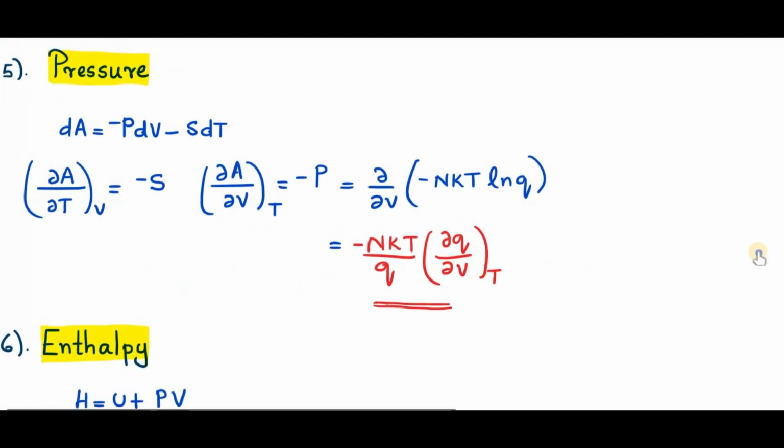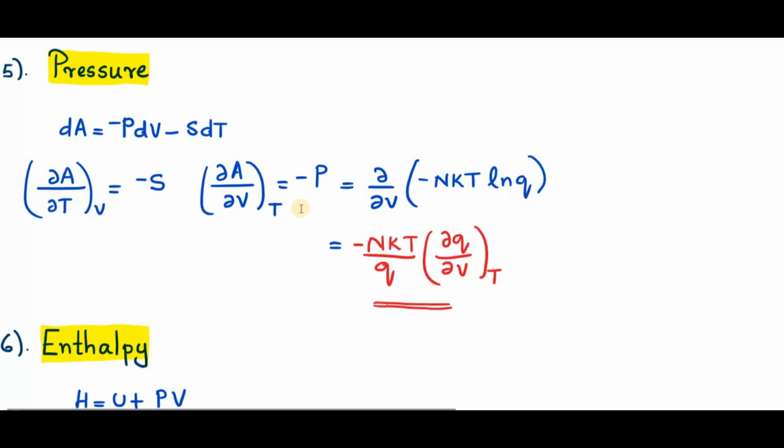Similarly, we can also find out the expression for pressure. From Maxwell's relation, we have dA equals minus PdV minus SdT, or we can write dou A by dou V at constant T equals minus P. If the temperature is constant, then this term will be 0 because dT equals 0, or we can write dou A by dou V at constant T equals minus P. That is equal to dou by dou V of, write the value for A, that is minus NkT log q.